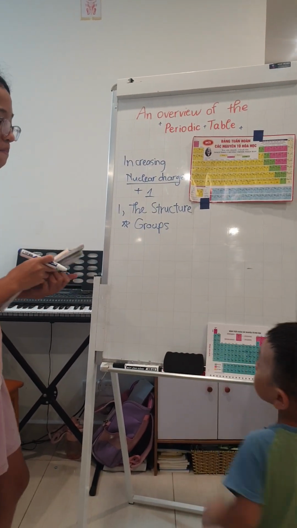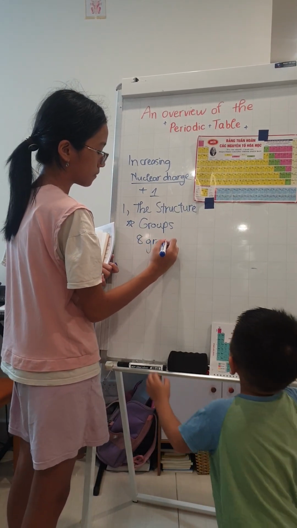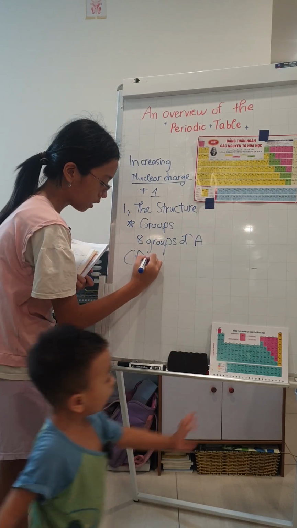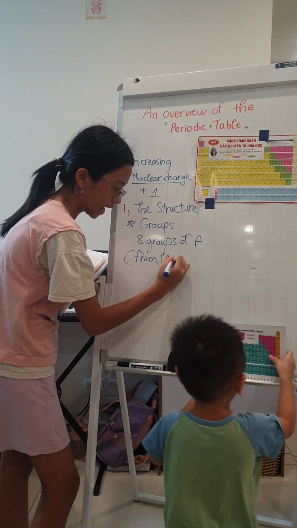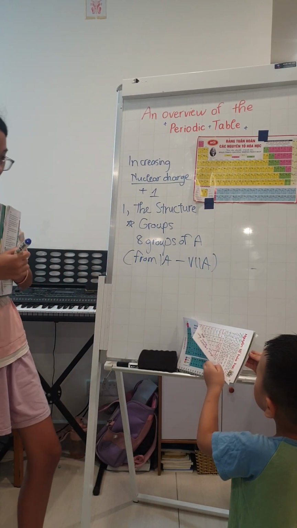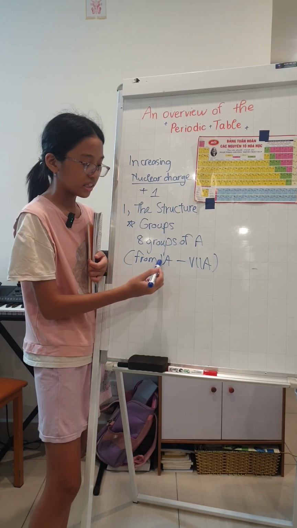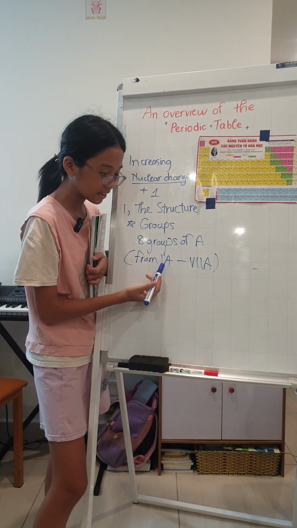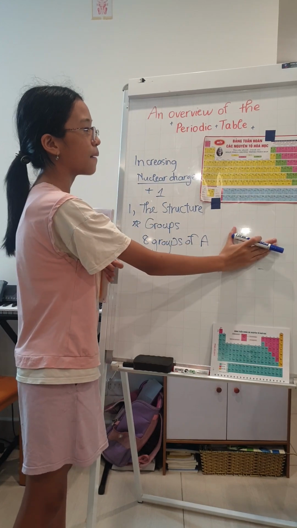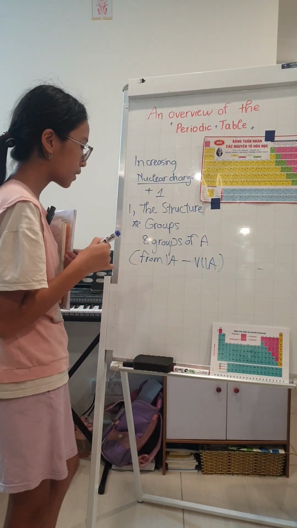You see, the periodic table consists of 8 groups of A, marked from 1A to 8A. These are actually Roman numerals, but scientists use them in the periodic table to define the names of the groups.